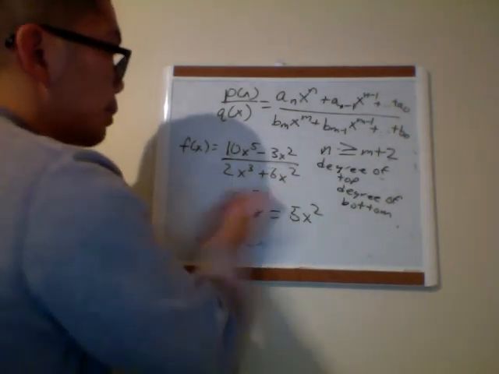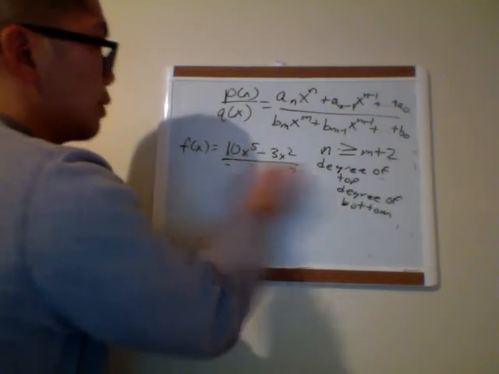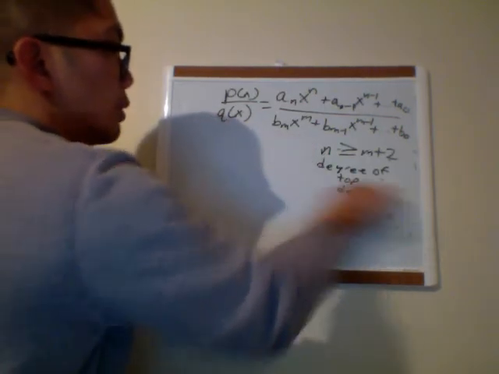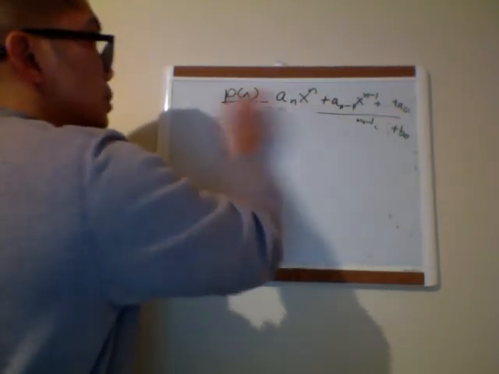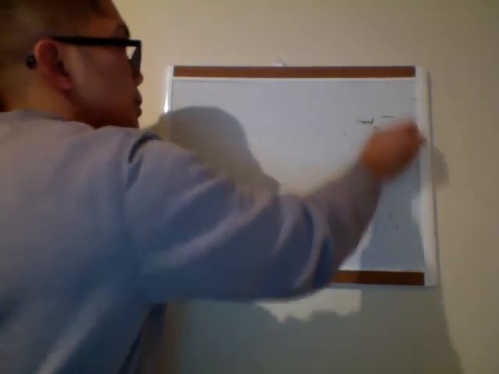So let me do a problem in the book and go through how to find the asymptotes of that problem. Okay. This is actually from the homework.